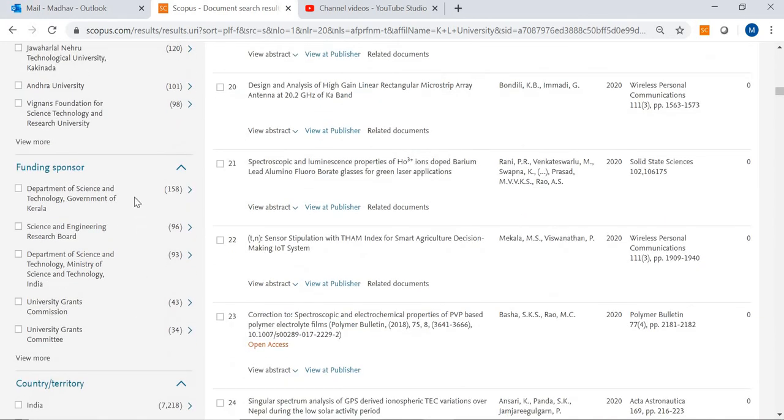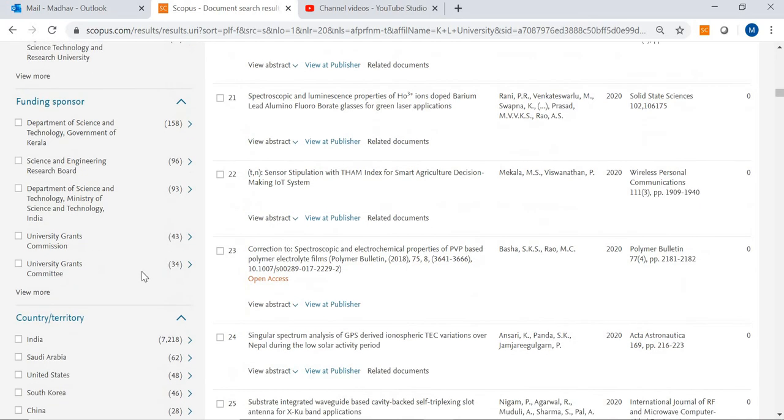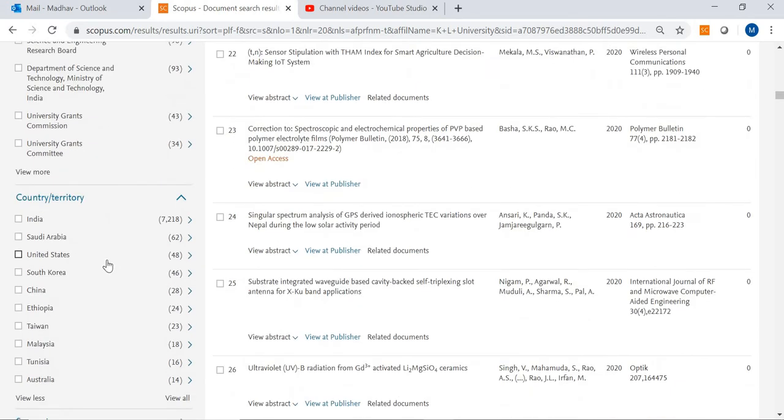Not only that, out of those papers how many got funding from sponsor agencies, you can also see. 158 papers acknowledged DST, 96 papers acknowledged SERB, 93 papers Department of Science and Technology, Ministry of Science and Technology, and 43 papers acknowledged University Grants Commission. And country-wise analysis you can also see.